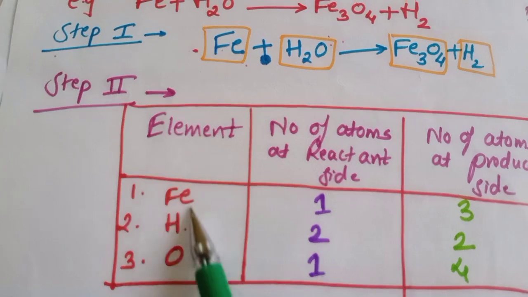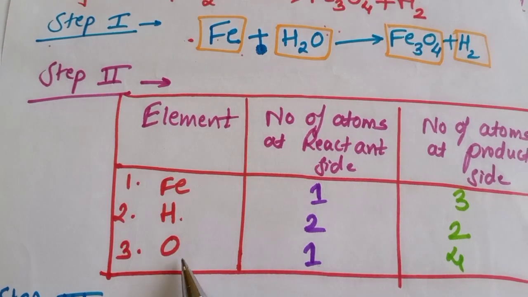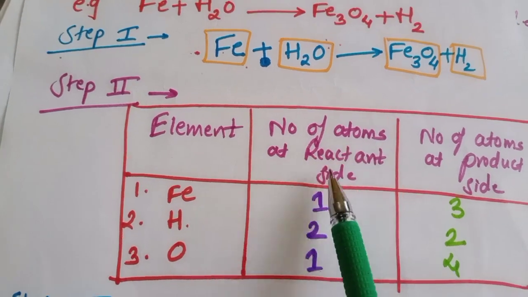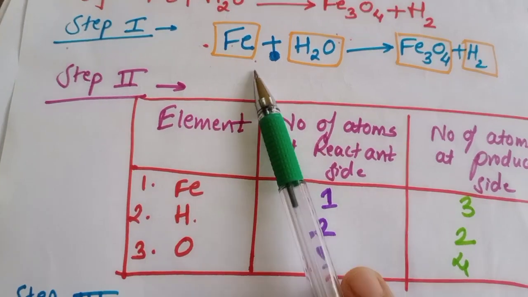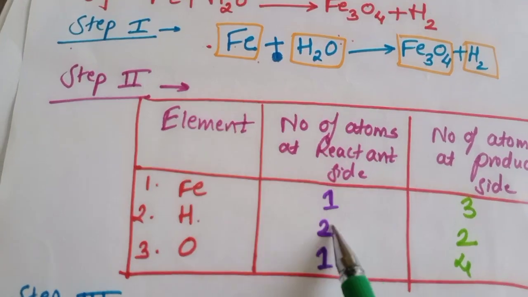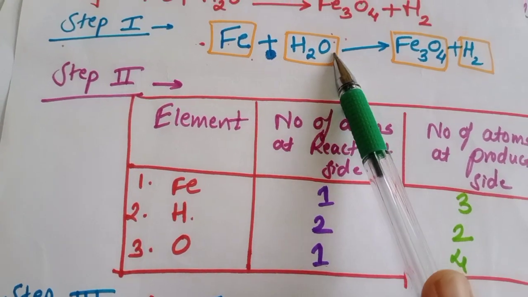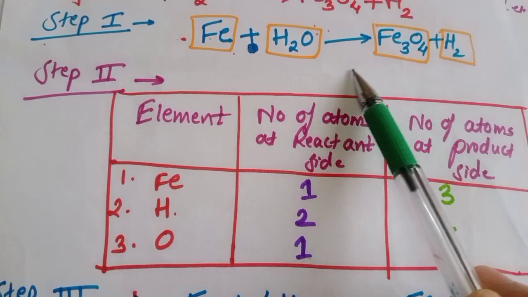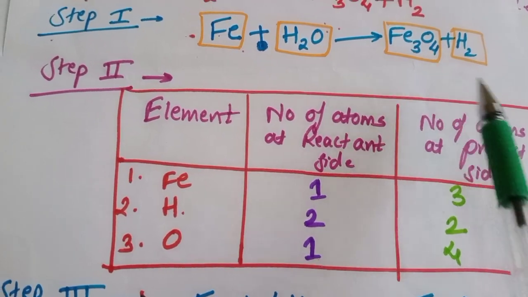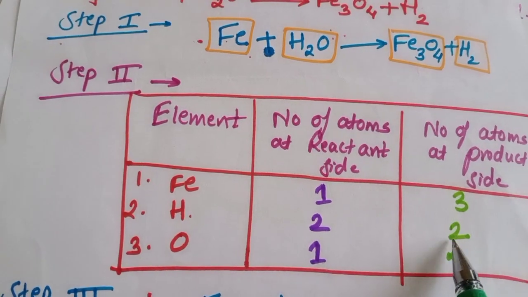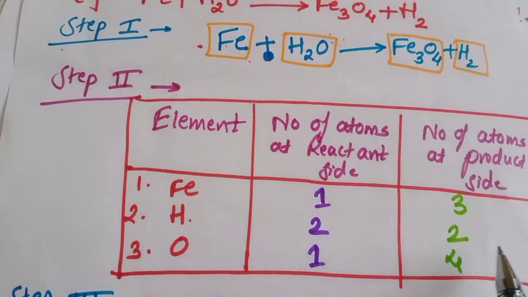And these are the elements: iron, hydrogen, oxygen. So number of atoms at the reactant side: iron 1, hydrogen 2, so we are writing 2 here, oxygen 1. Number of atoms at the product side: 3 iron atoms, hydrogen you can see there are 2 atoms, so we write 2, and oxygen 4.